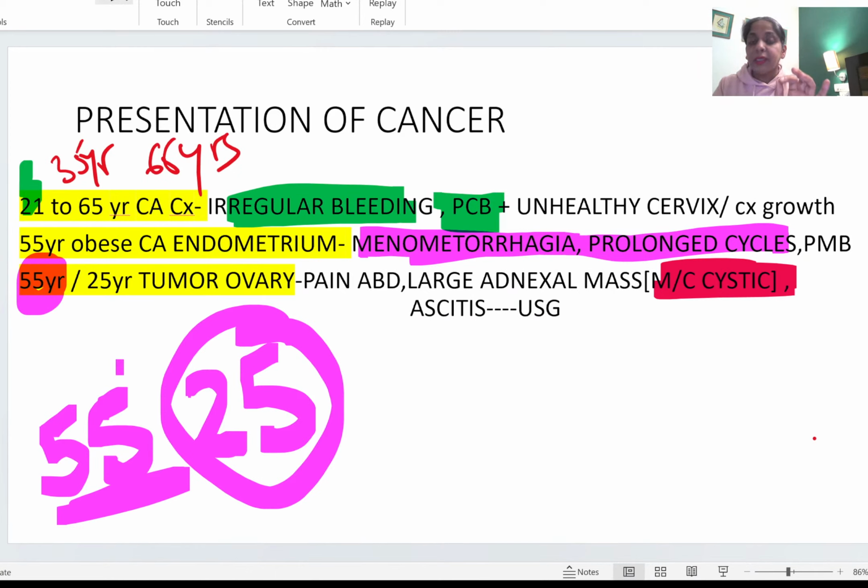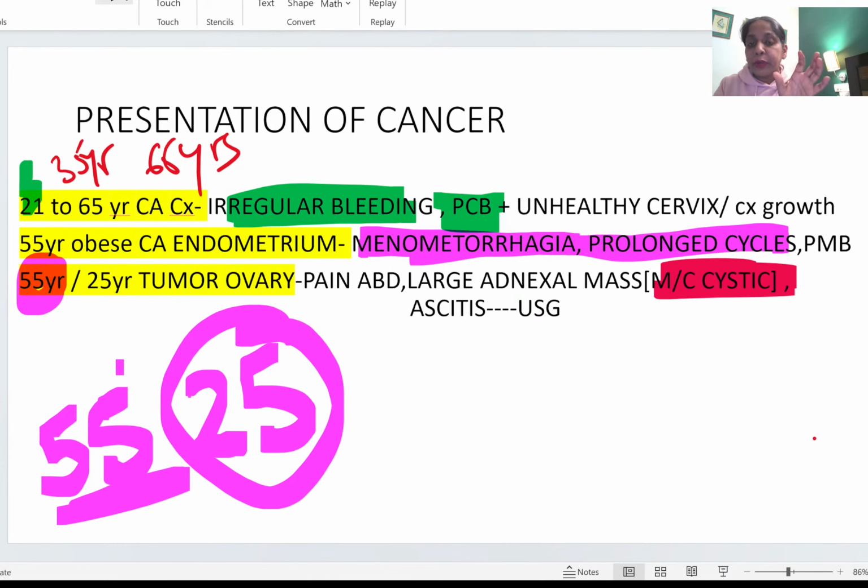So in total, CA cervix presents as irregular bleeding, postcoital bleeding, and on examination the cervix is unhealthy or there is a cervical growth.